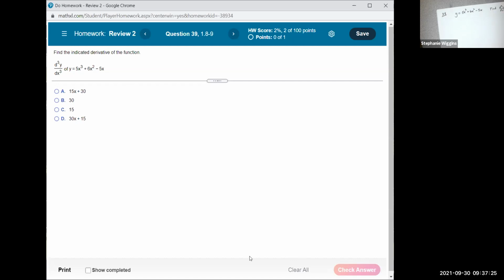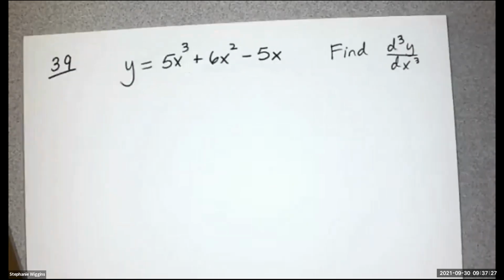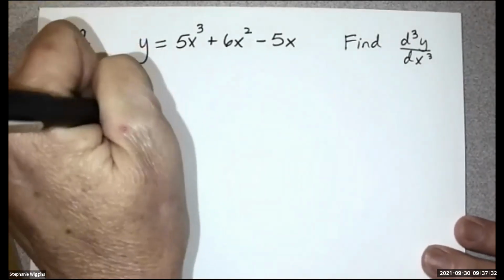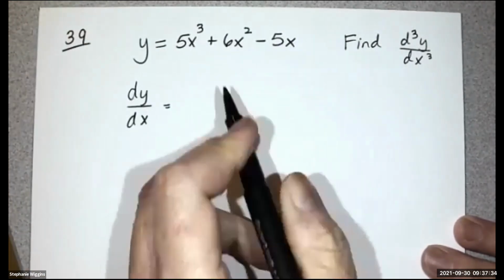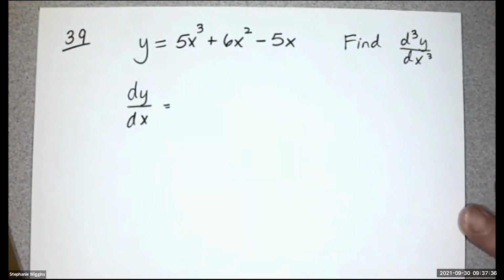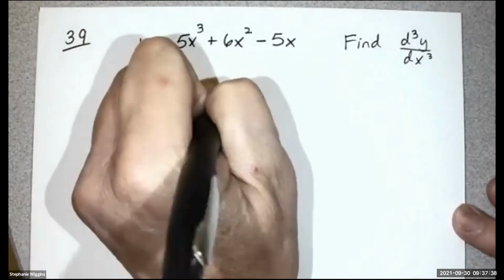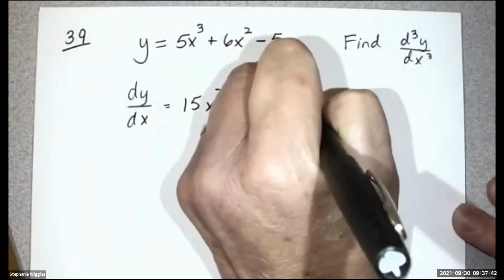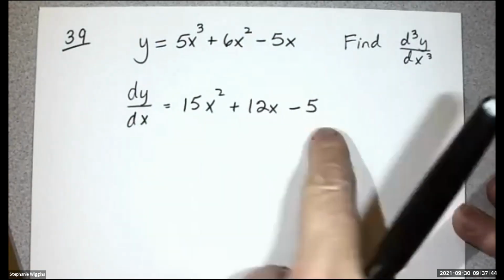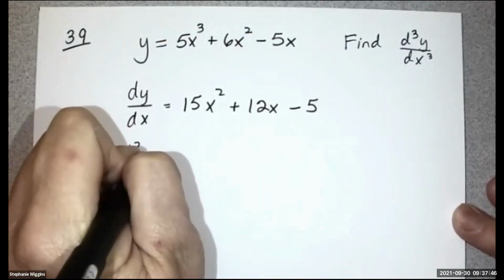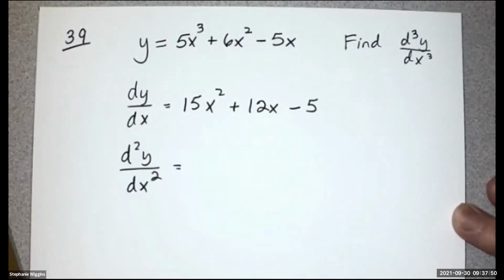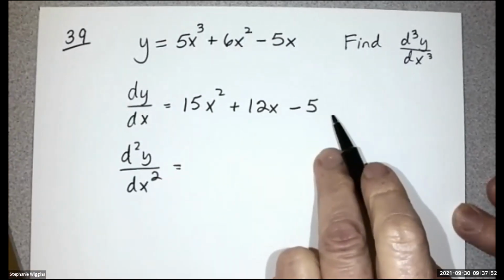So dy dx, taking the derivative of this, we use the power rule. We have 15x squared plus 12x minus 5. So that's the first derivative. Then the second order derivative here, d2y dx squared, is going to be taking the derivative of the first derivative.